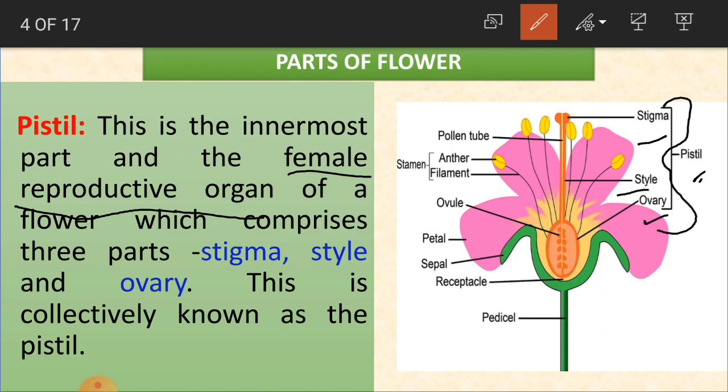So the top layer of this pistil is known as stigma. Then the part taking support on the ovary is style, and the down part is the ovary.